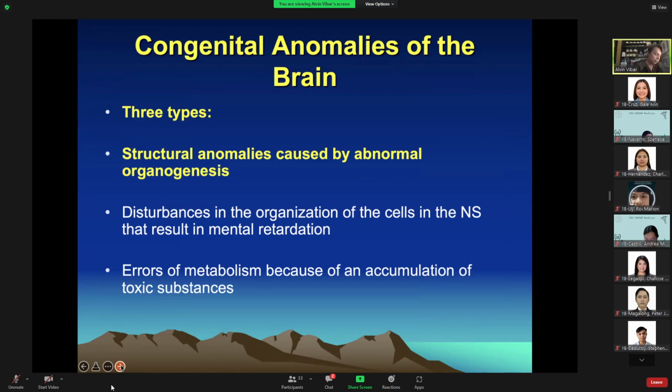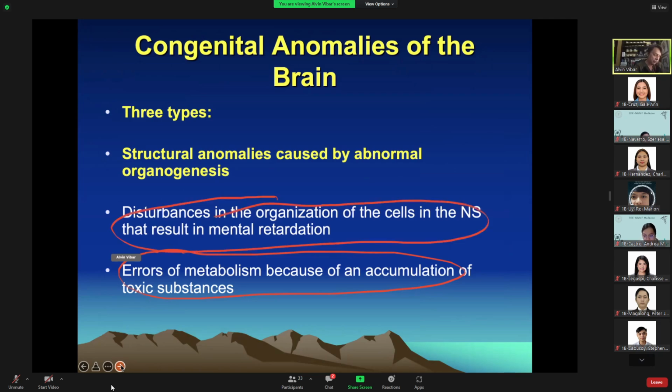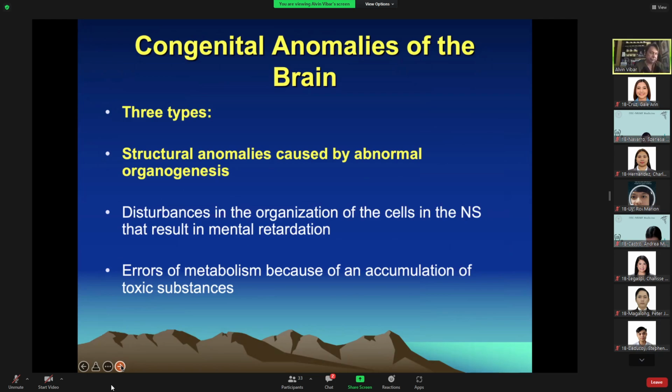This one will be discussed in your biochemistry class. This one will be mentioned in your physiology or in pediatric classes, but in anatomy, we're going to focus on the structural anomalies which is caused by abnormal organogenesis.